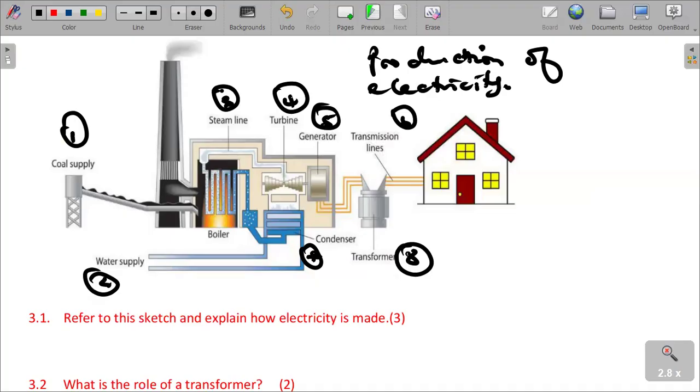So now what we want to do is understand questions such as this one. We need to understand these and be able to relate them very well.